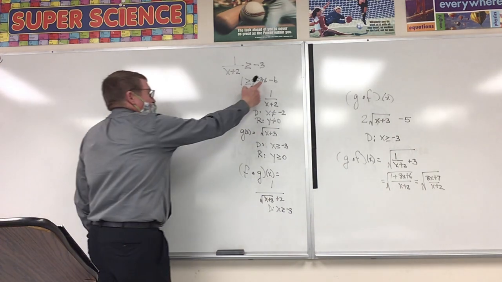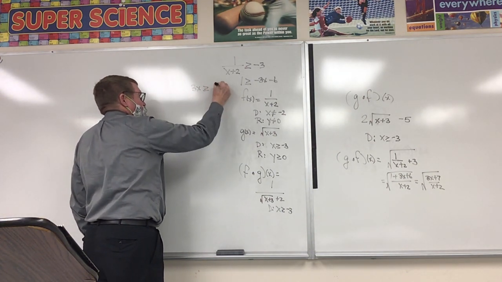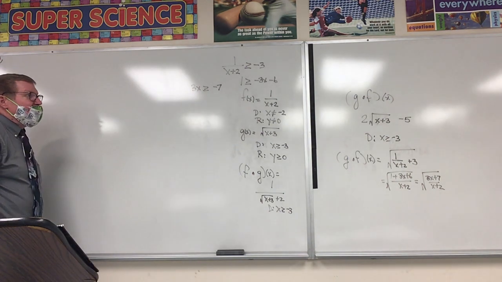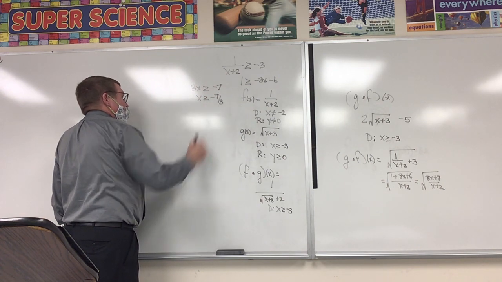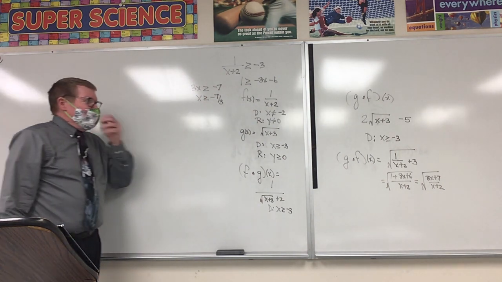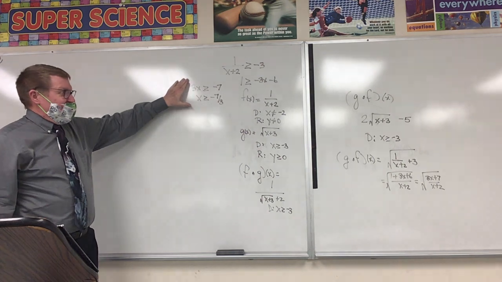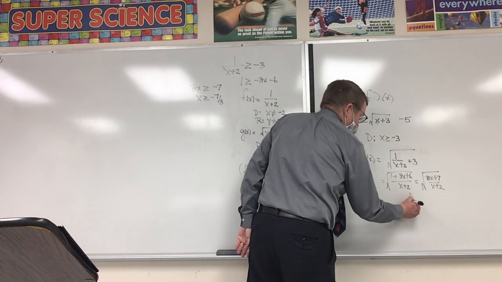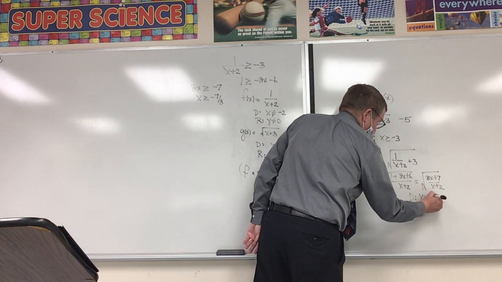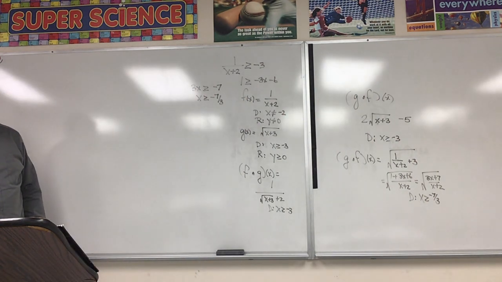Let me bring the 3x over here. That's 3x is greater than or equal to -7. Divide by 3, -7/3. So for me to make sure that this is greater than -3, I need to make sure that x is greater than or equal to -7/3. So what is my domain here? X is greater than or equal to -7/3. Okay? So that's what we're doing.